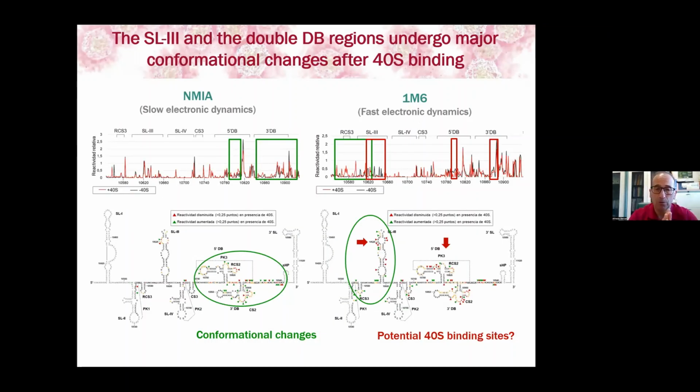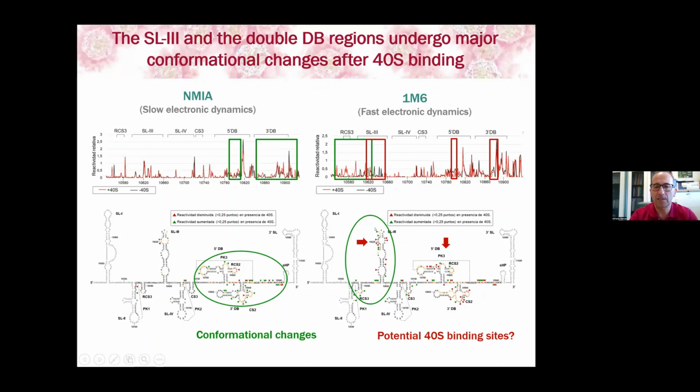Further, to continue with this characterization, we wanted to determine the nucleotides or structural units that are important for this binding. So we did again this structural analysis, comparing the structure in the presence or absence of the 40S ribosomal subunit, and we identified two areas that seem to accumulate most of the changes.